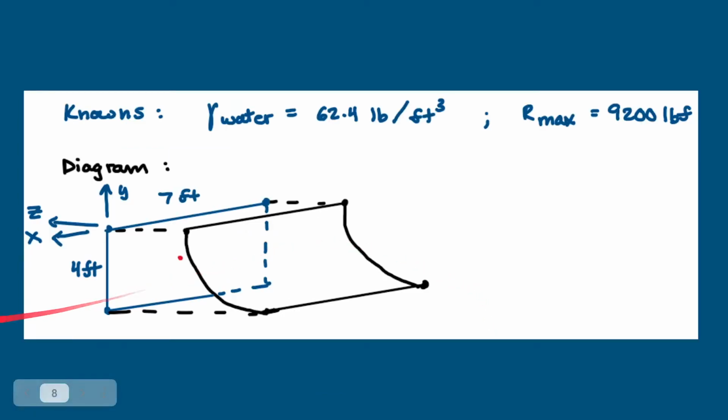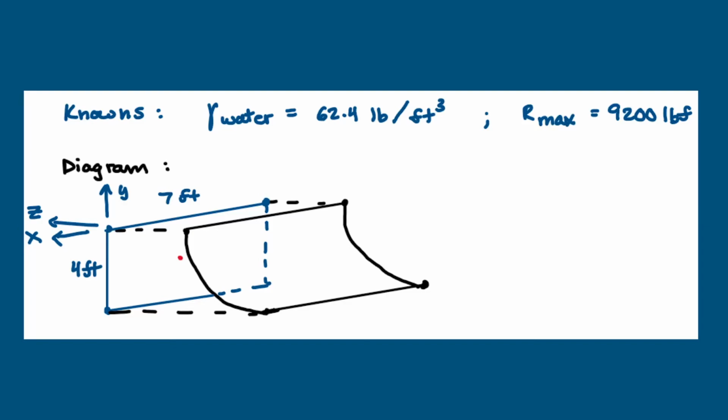Now let's take a brief moment to note what bits of information we do have. We were given that the gamma of water is 62.4 pounds per cubic foot, and that the maximum force the wall can withstand is 9,200 pound force. Since the gate is only touching the wall at point A, it is viable to deduce that the wall will have a reaction force onto the gate, which is 9,200 pound force.